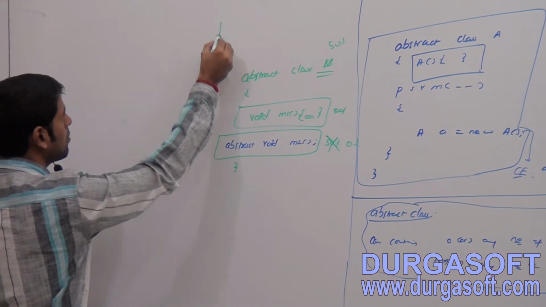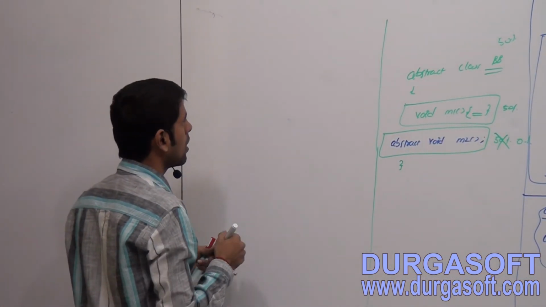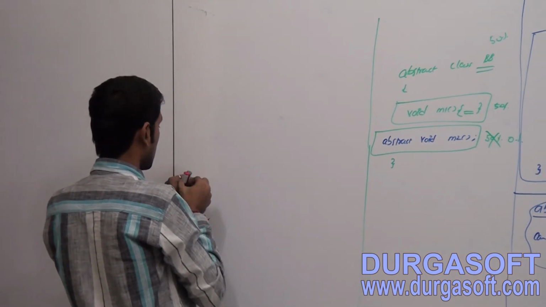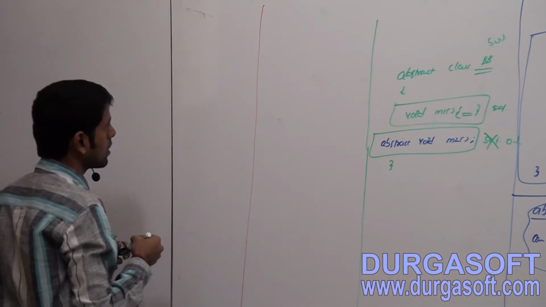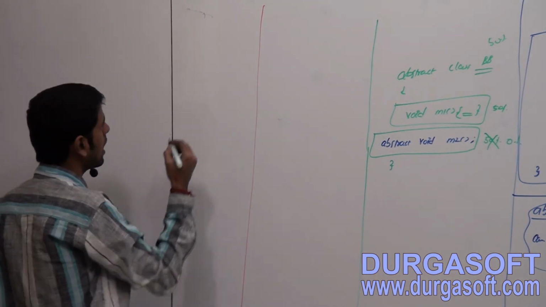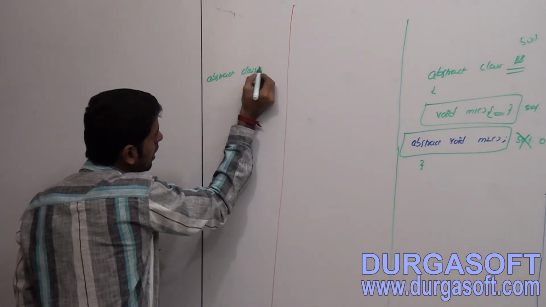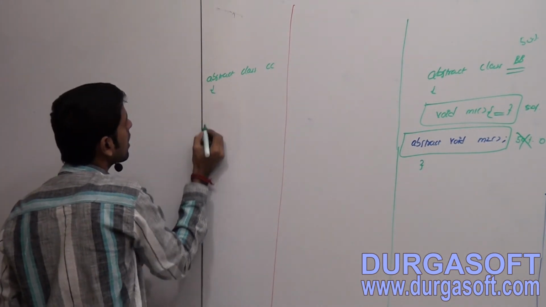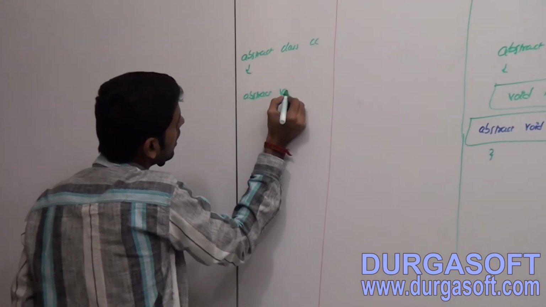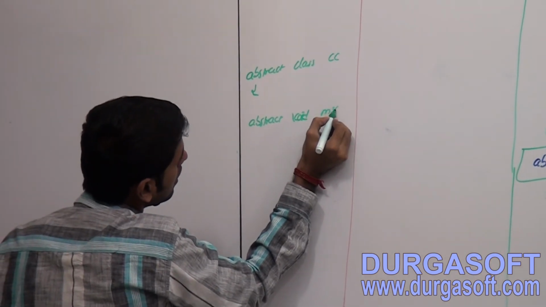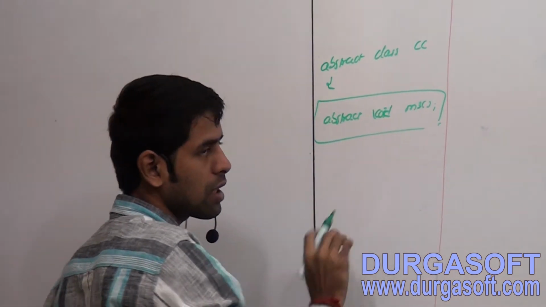Now observe, one more class I am going to write. Observe that class properly, guys. Abstract class C. Abstract void M3 method, one of the abstract methods within the abstract class, no issues.